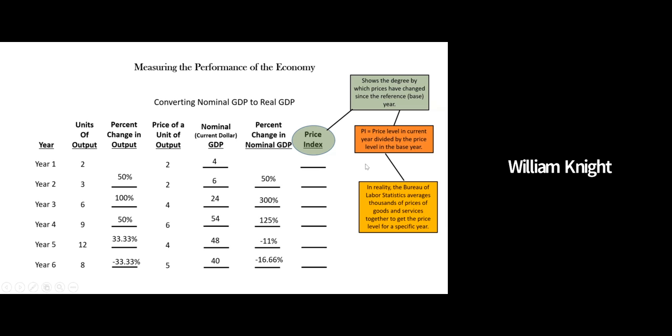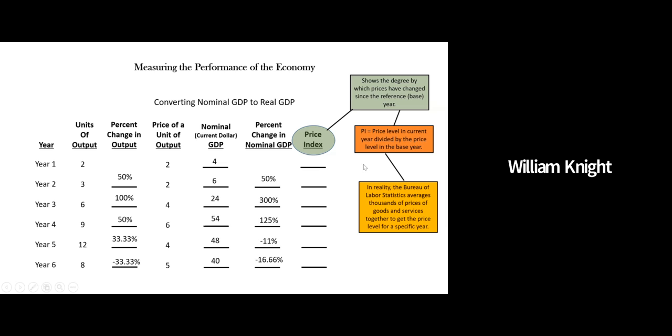Now, it's not a straight line average, it's a weighted average. And the reason it's a weighted average is so that the change in the price of a house won't overwhelm a change in the price of a gallon of milk, or the change in the price of a car won't overwhelm a change in the price of, let's say, a watermelon.